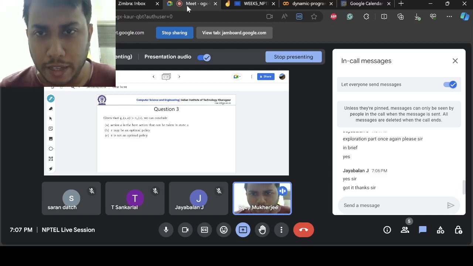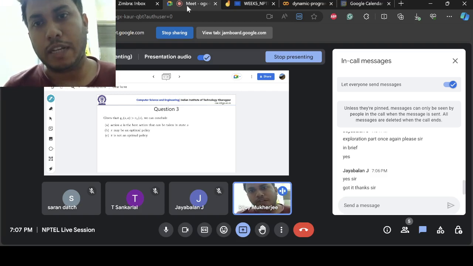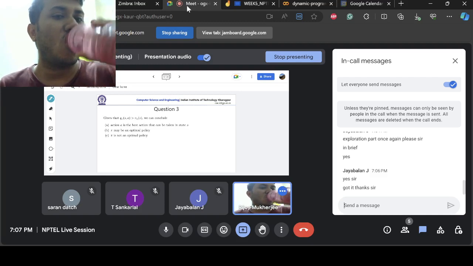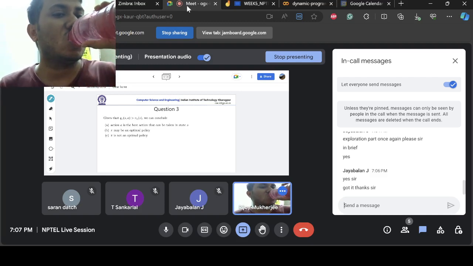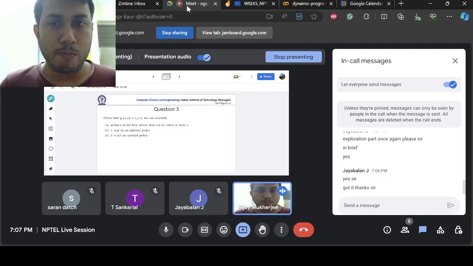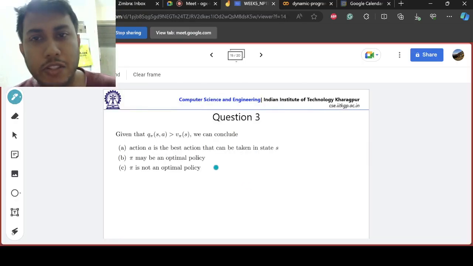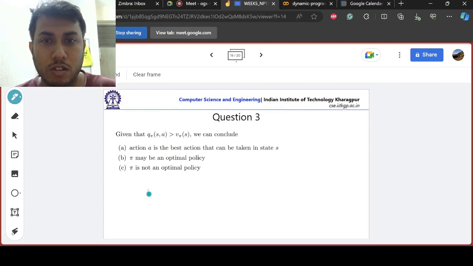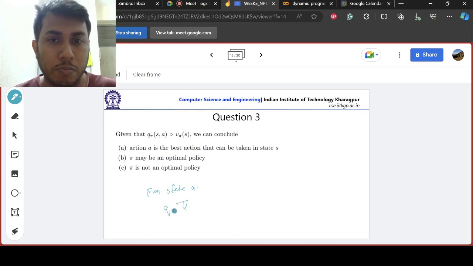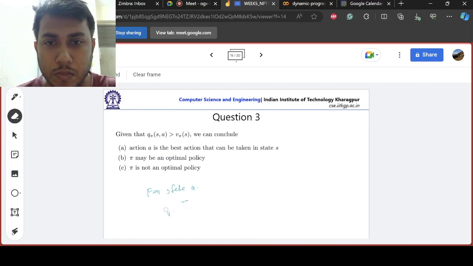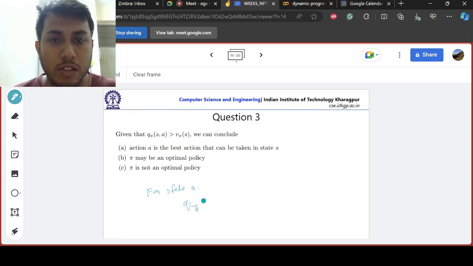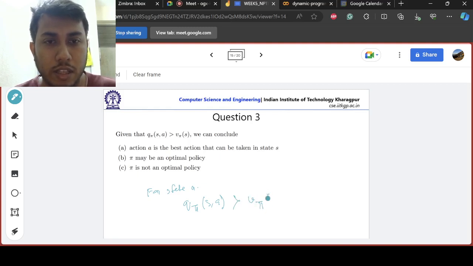Suppose given q pi of s, a is greater than v pi of s, what can we conclude from this? So you have been given that for any state s and action A, q pi of s, A is greater than v pi of s.